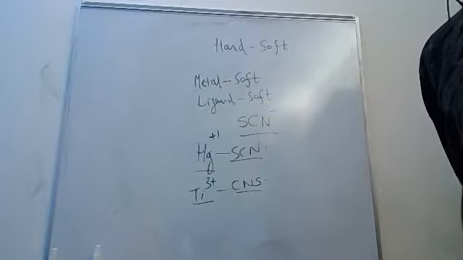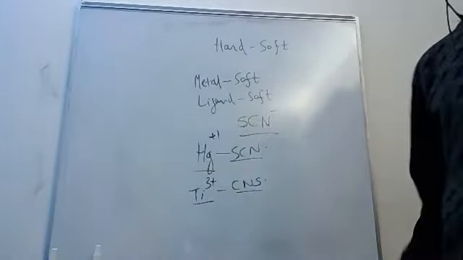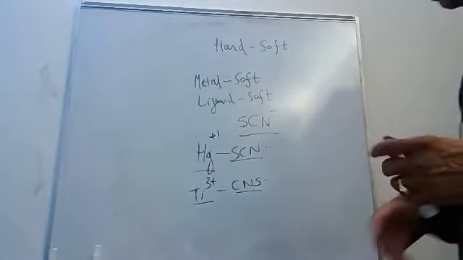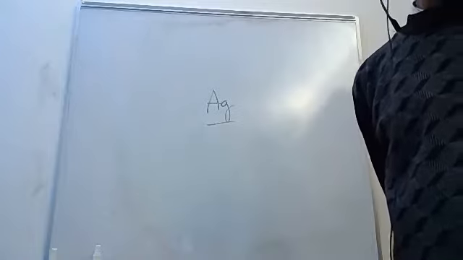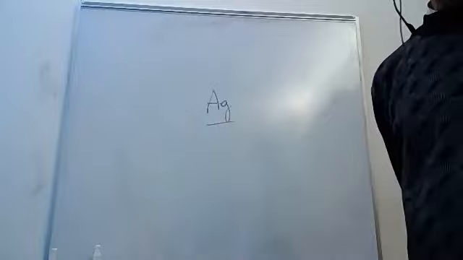Good. One of the important implications of this, if you extend this argument, we all know silver, right? Silver is a very soft ion because it's very big. And if you look at the periodic table, it is below copper, it is bigger than copper, and for that reason, it's very soft.